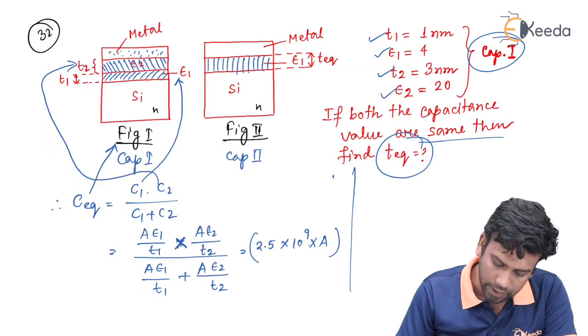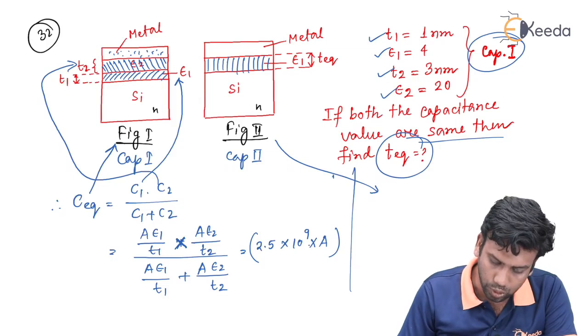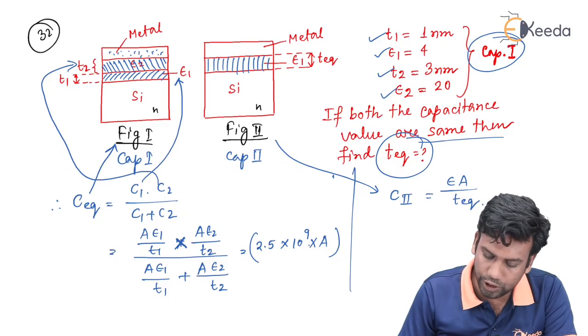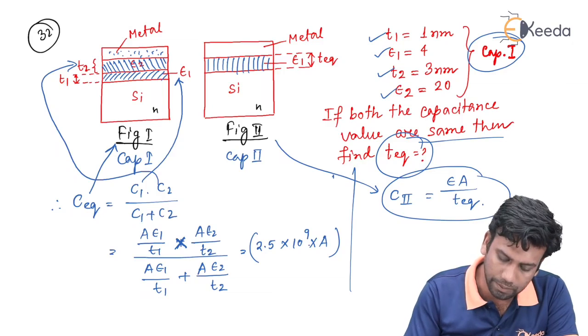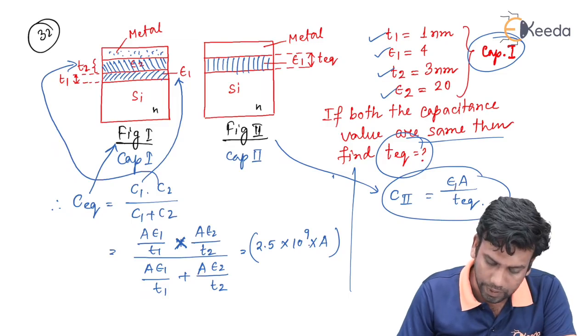Now if we find the capacitance of figure 2, C of figure 2 will be epsilon A by T equivalent, and this epsilon value is given by epsilon 1, so we write epsilon 1.